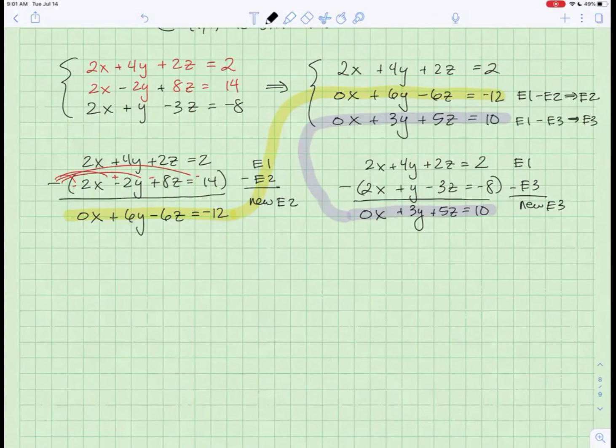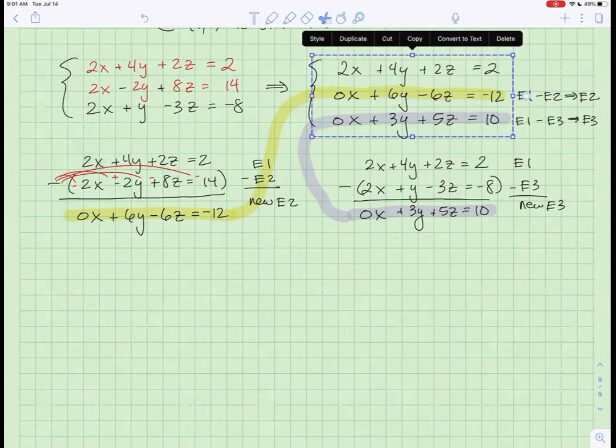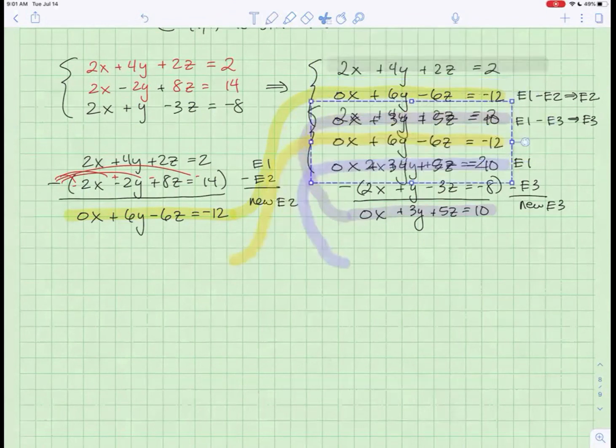Now, let me pull this down here. Duplicate.